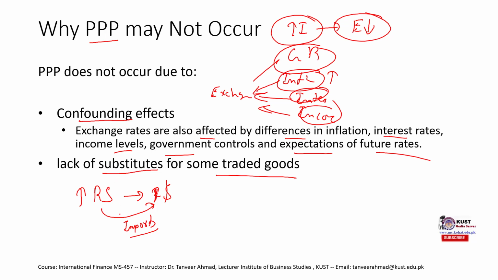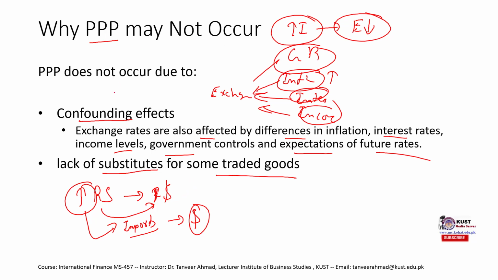Obviously, because the effect of inflation is not direct, the effect of inflation is due to export and import. If export and import change, then it would lead to a change in the exchange rate. So the idea is, if the substitute product is not available, then the demand would not shift to another country.